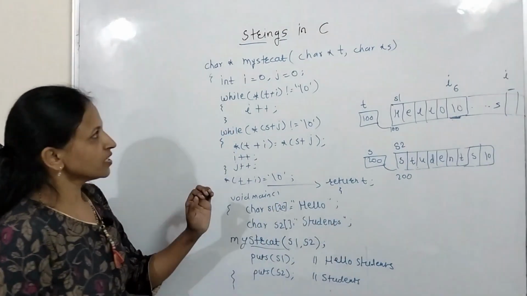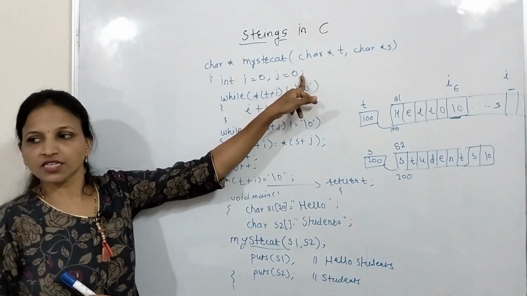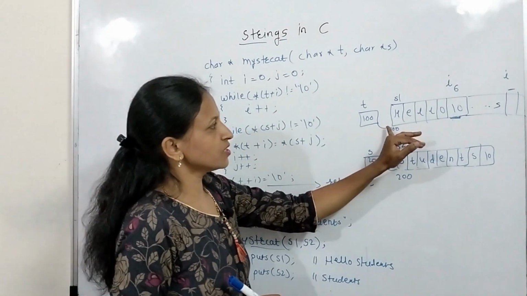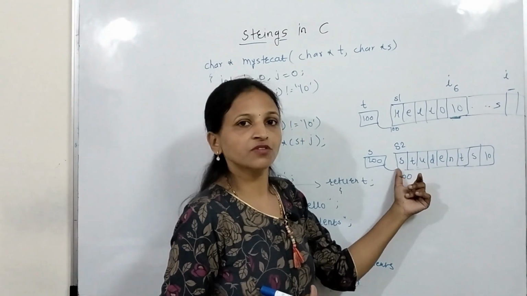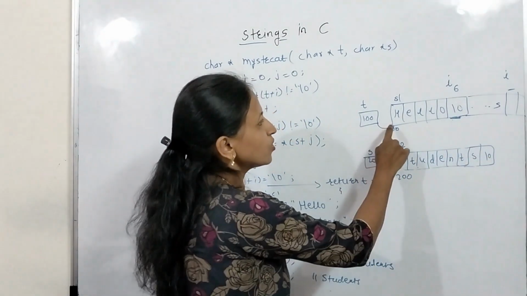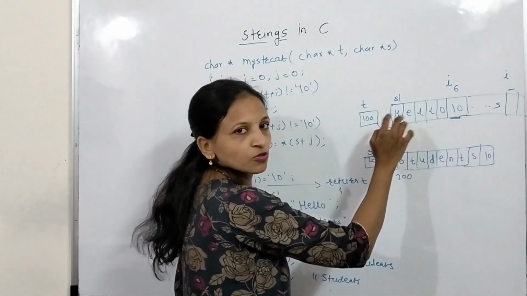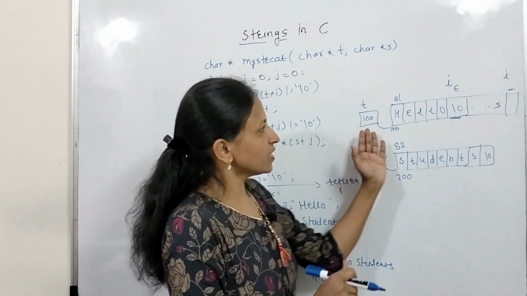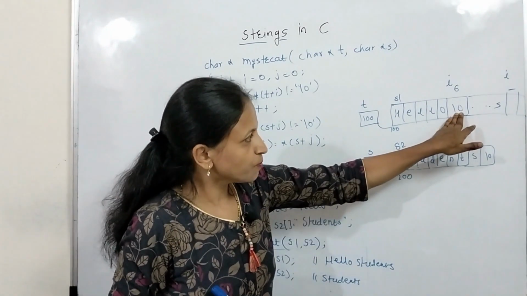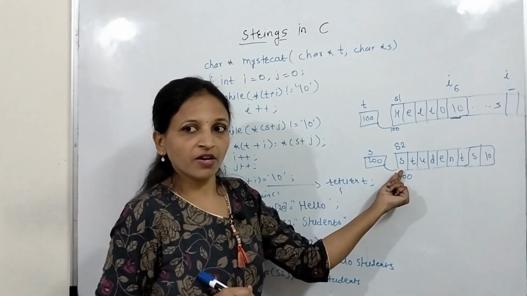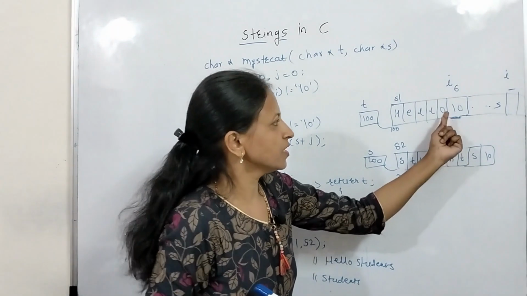Now how will it work? See, initially counters i and j will be 0. The i counter I am using for this t target string, the j counter I am using for this source string. Till I am not getting '\0', here we have to move forward. We will increment that counter i so that we will get this place. After getting this place, my work is to copy this string here.